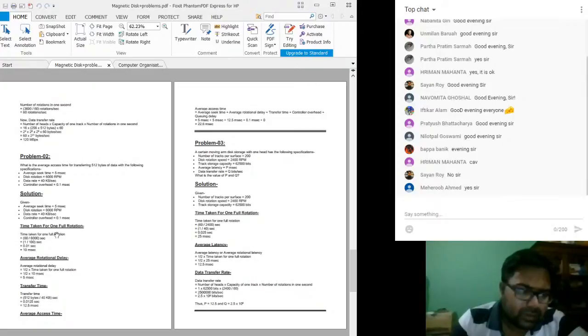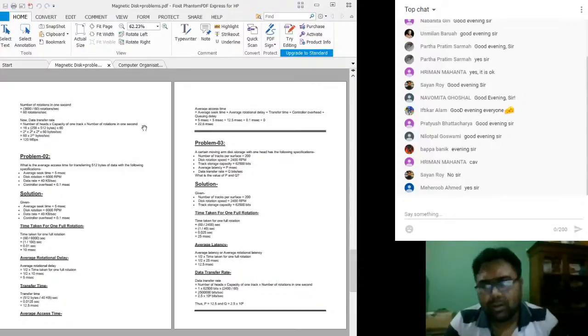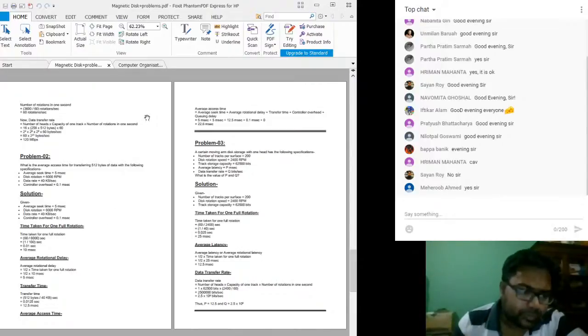Next comes your data rate. Okay, we were here. The time taken for one full rotation you have found out. From this parameter you can find the average rotational delay, which is half of the time taken for one full rotation. Next comes transfer time.